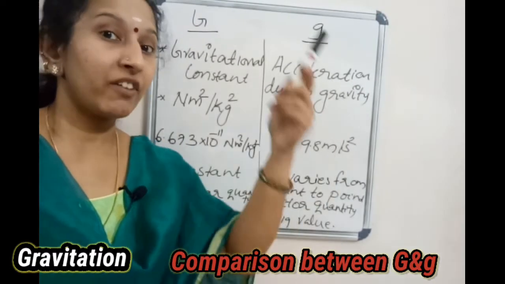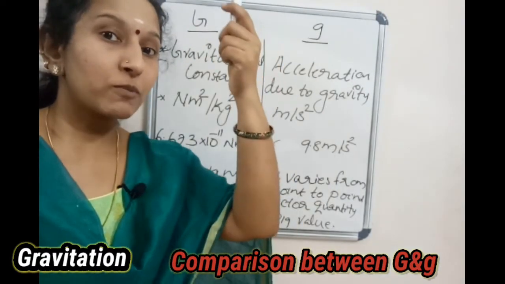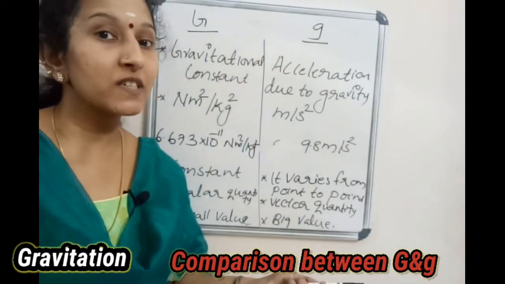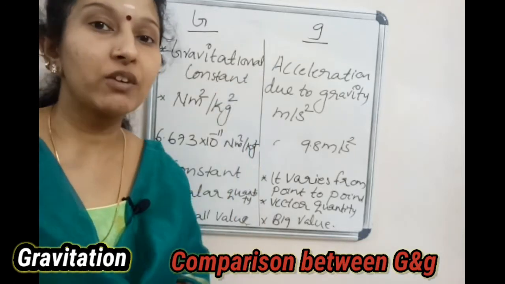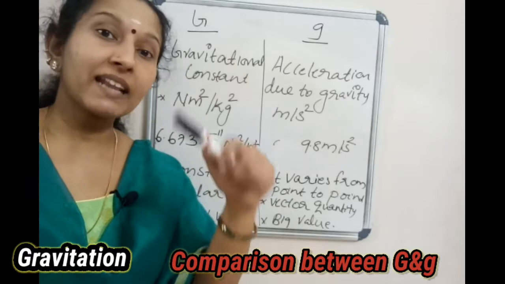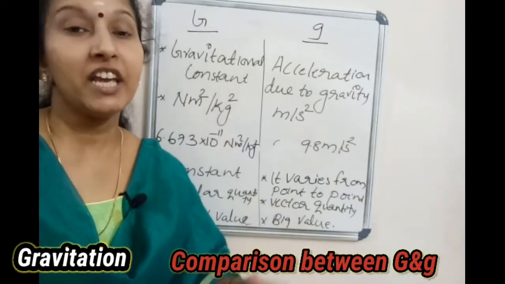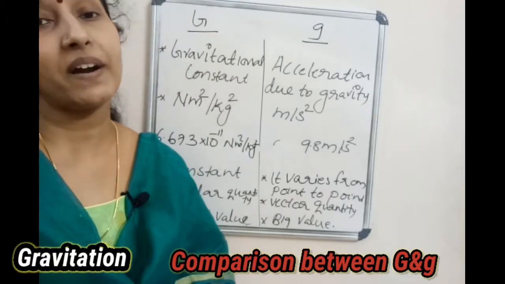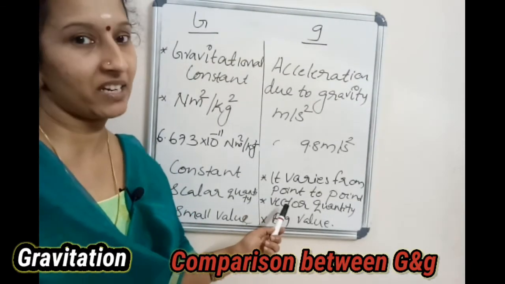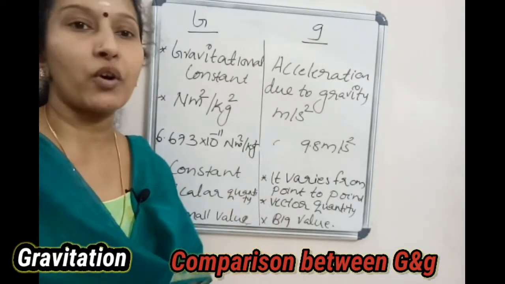I told you, if the object is falling down, g is positive. If the object is going up, g is negative, which means there is magnitude and direction. If a quantity has both direction and magnitude, such quantities are vector quantities.